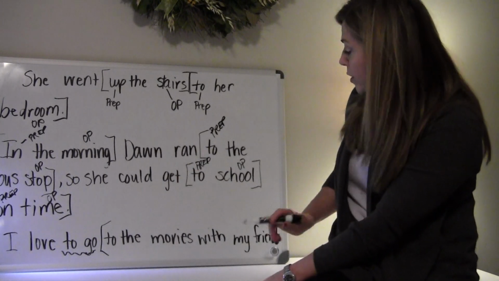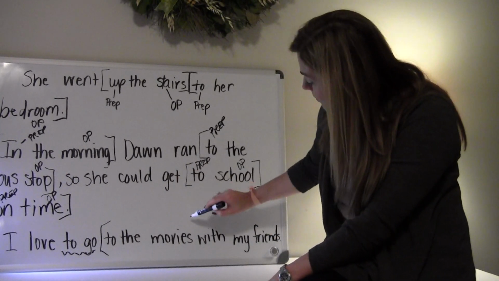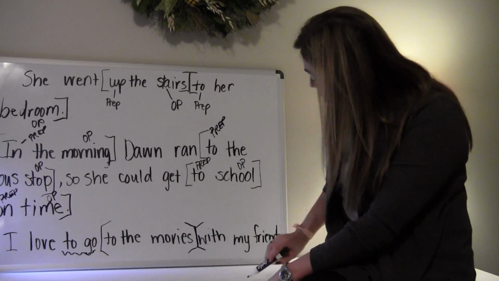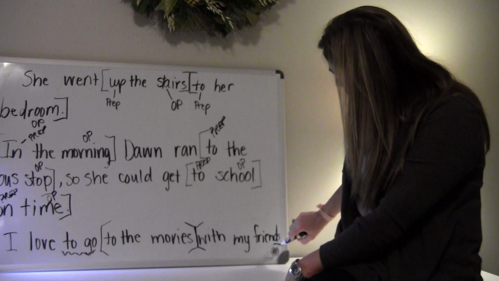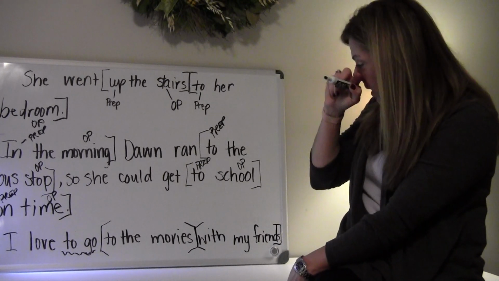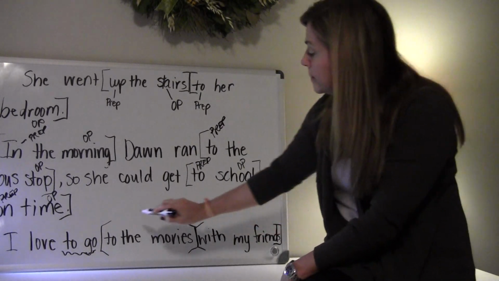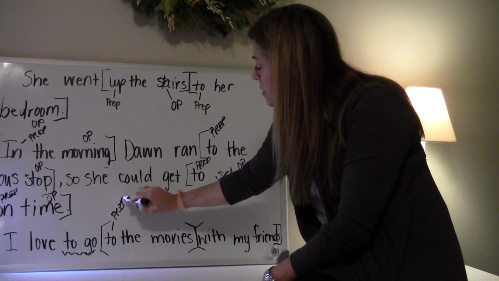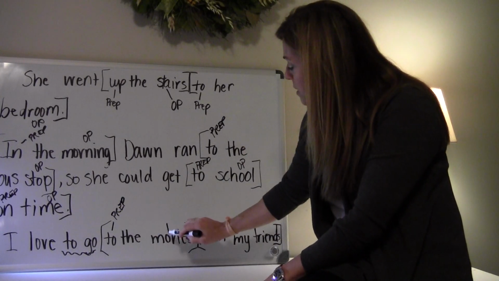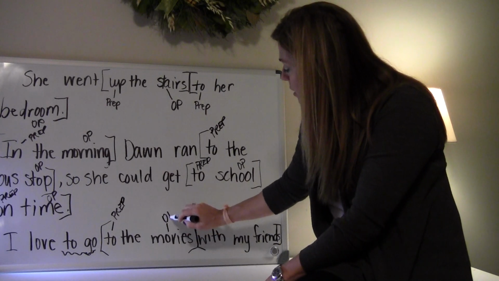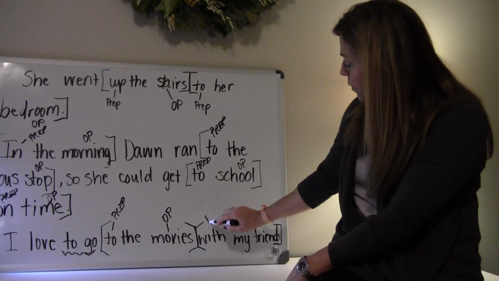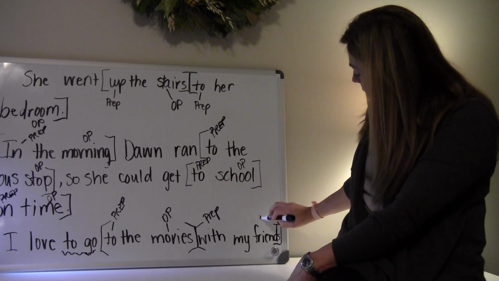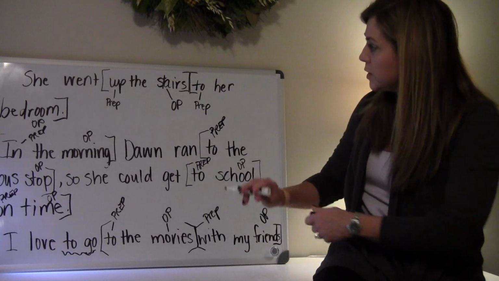That's the infinitive, a verb in its simplest form. To the movies is one prepositional phrase, so I'm blocking it off. And then with my friends, I block off because that's my other prepositional phrase. To is the preposition, and movies is my object of the preposition. With is my preposition, and friends is my object of the preposition.